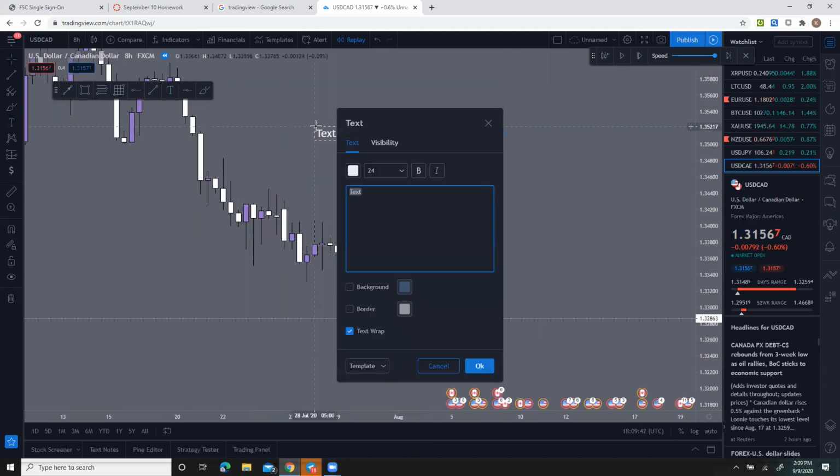We have 3 confluences. Can somebody name for me the first confluence of smart money? The inefficiency? That's the second one. Do you know what the first one is? Liquidity. Exactly. First confluence of smart money is liquidity.